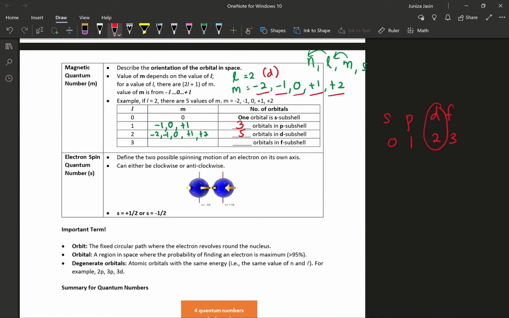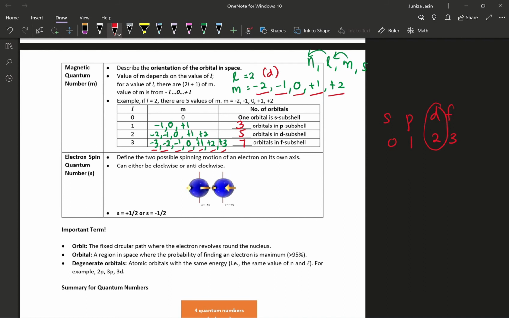Okay, for F, kita tak draw shape of F orbital. Tapi kita boleh agak ada berapa shape of F orbital sebenarnya bergantung kepada nilai m yang bakal kita dapat. So, L equal to 3 adalah F. So, start from negative 3, negative 2, negative 1, 0, plus 1, plus 2, and plus 3. So, if you count, there are 1, 2, 3, 4, 5, 6, 7 orbitals in F subshell.